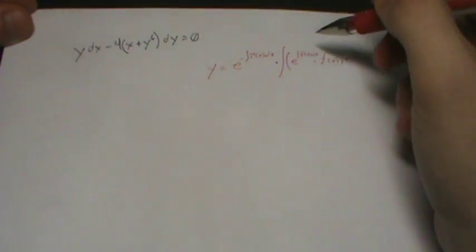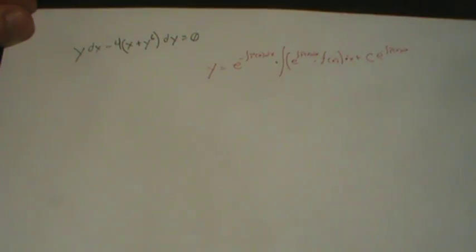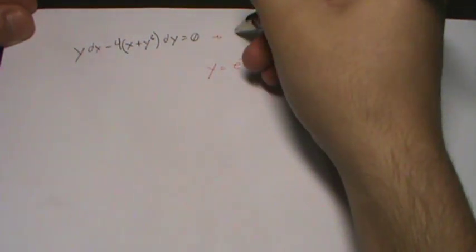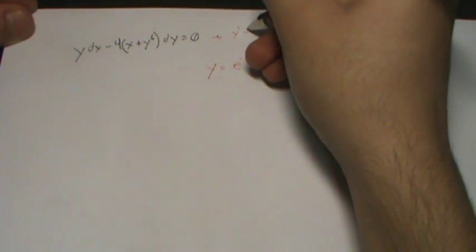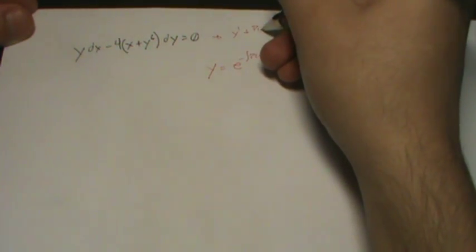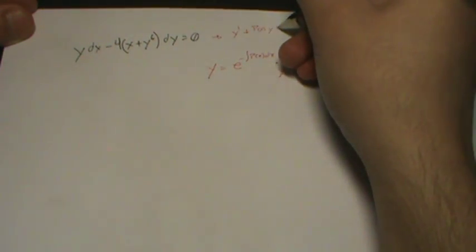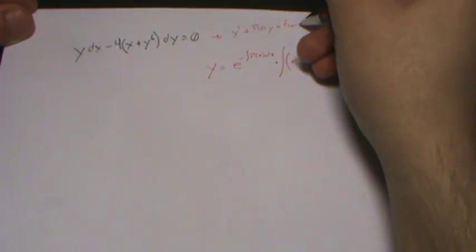Okay? Now here in our equation, first we have to change it into the form of y prime plus p of x y equals f of x.